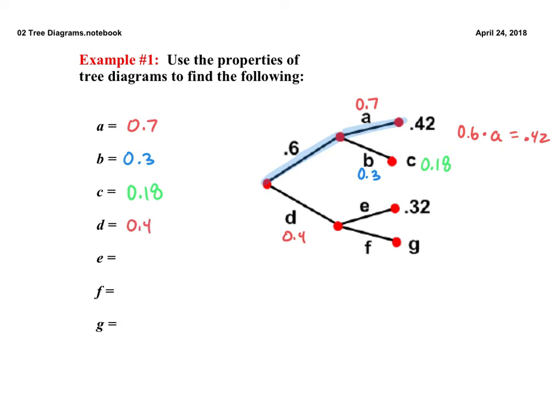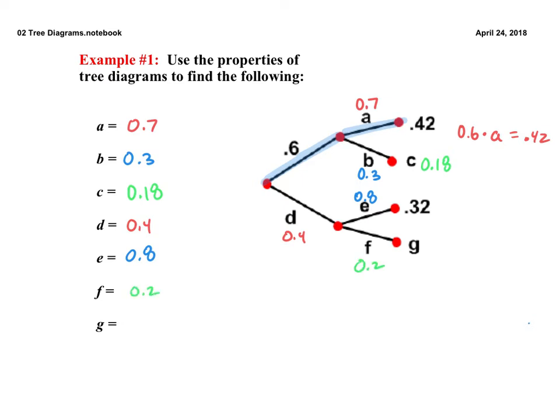And kind of similar to A, when we calculate E, D times E is 0.32. So if we take 0.32 divided by 0.4, that's going to give us E, which is 0.8. And then, of course, E and F must sum up to 1, so 0.8 plus 0.2 is 1, so F is 0.2.